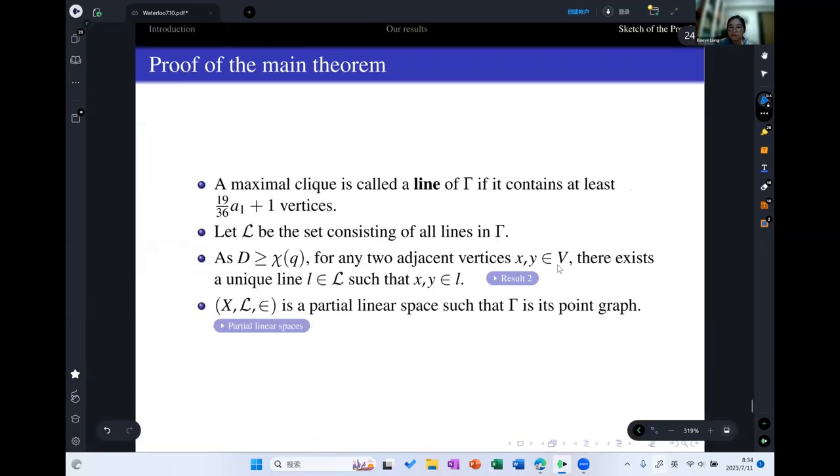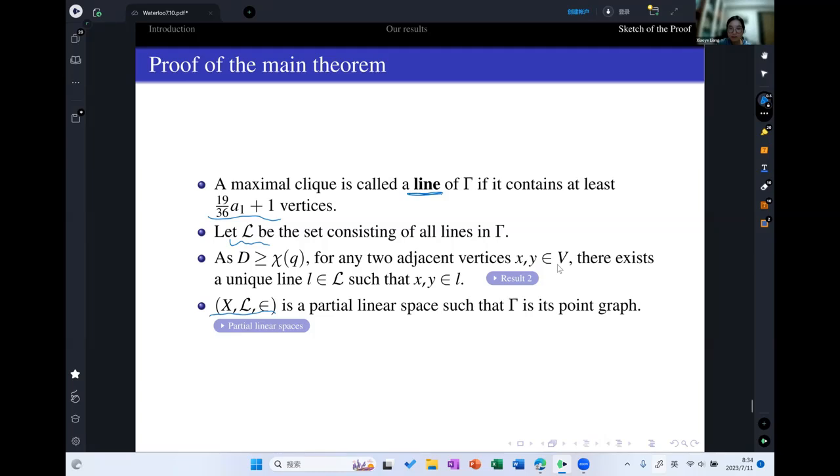Then we can define a line if it contains at least this number of vertices, and let L be the set consisting of all lines. Then we show this is a partial linear space such that gamma is the point graph.